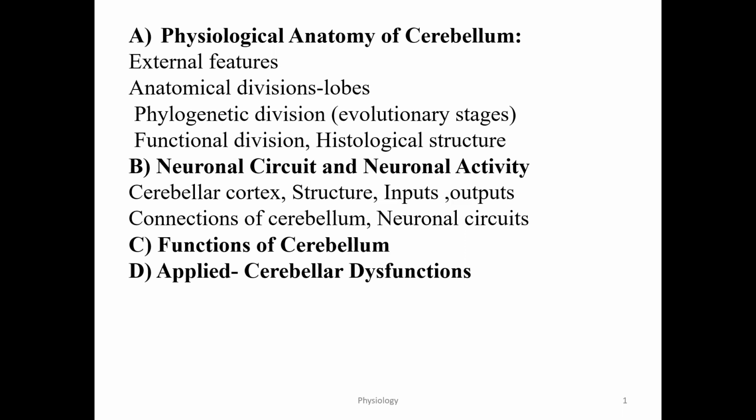Once that information is processed in the neuronal circuit, output is sent via the deep cerebellar nuclei, and only one cell, the Purkinje cell, sends its axons as output to the deep cerebellar nuclei. From the deep cerebellar nuclei, various outputs are sent toward the thalamus and cerebral cortex, which we are going to see in the input and output of the cerebellum. In the next lecture, we are going to see the functions and applied part of the cerebellum.